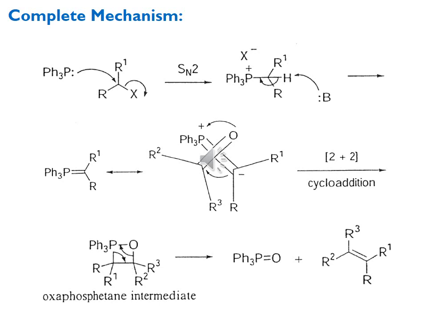This oxaphosphetane intermediate is further converted into triphenylphosphine oxide and the corresponding alkene.